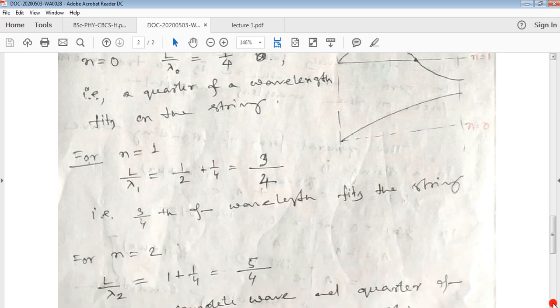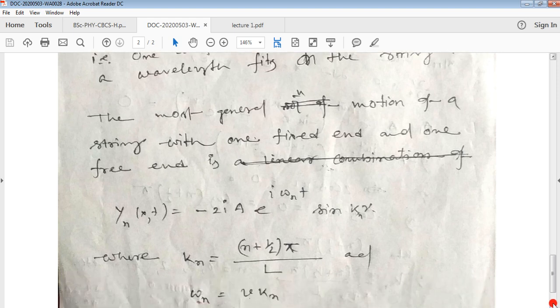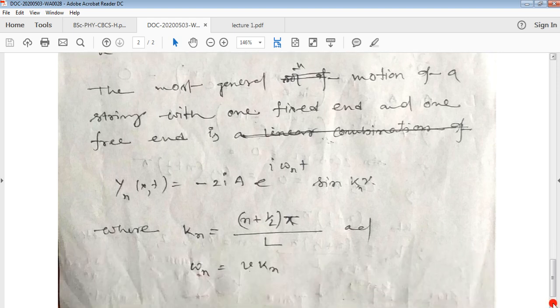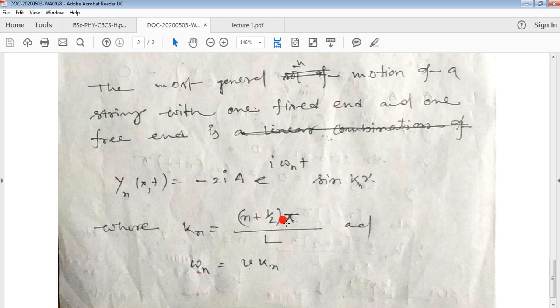The general motion of the string with one end fixed and one end free is now yn(x,t) equal to minus 2ia e to the power i omega n t sin kn x. So using the values of kn, we can obtain the displacement, the general expression for the standing wave.